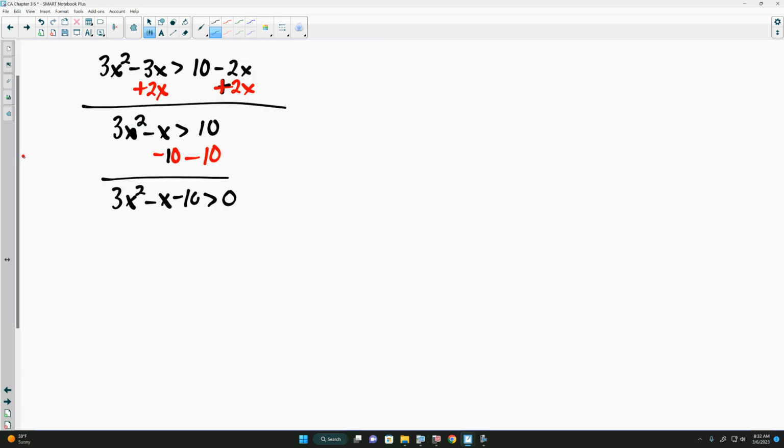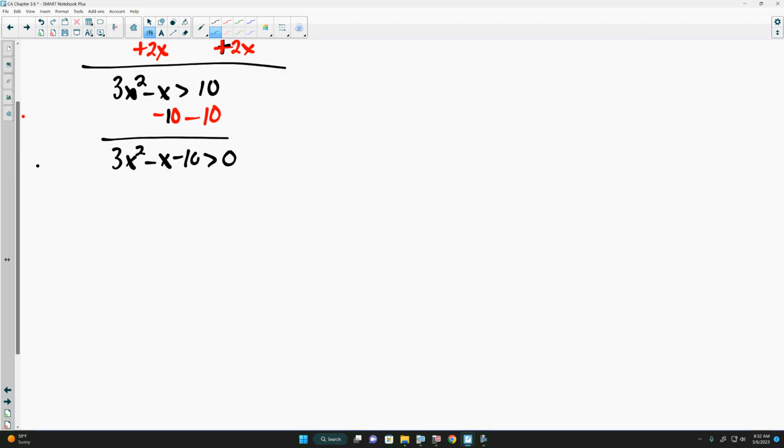Now, if we were going by the pure mathematical setup for this here, we would factor this, going through finding the factors of it. And we could do that here because we're going to end up having to. The reason I say that is because 3x squared is going to give us fractional solutions.